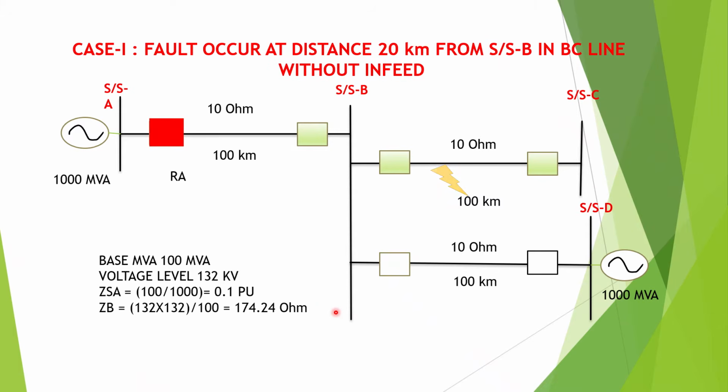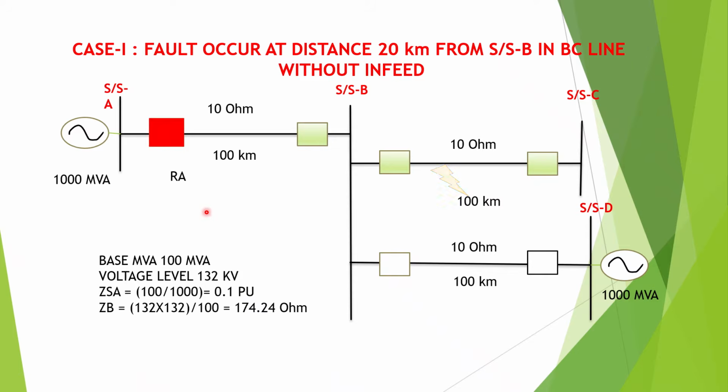So in the first case I will discuss the impact of this fault point without INFEED. That is, this line is out of order, so there is no INFEED at substation B end. In this case, we have considered base MVA as 100 MVA and voltage level as 132 kV.